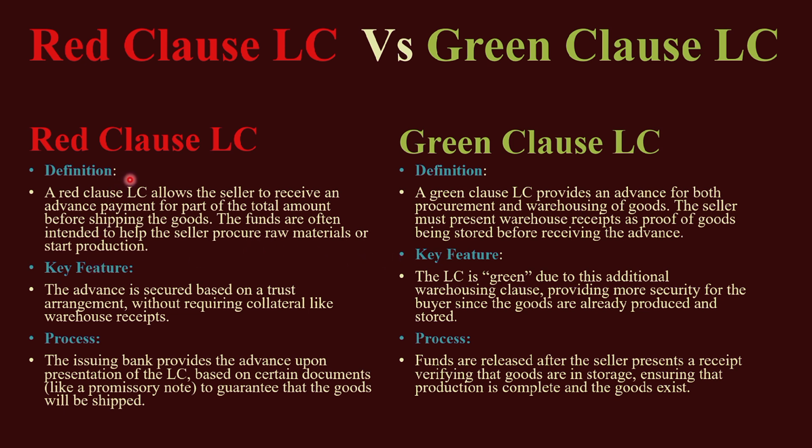Key features of these LCs: in the red clause LC, the advance is secured based on a trust arrangement without requiring collateral like a warehouse receipt. While in the case of green clause LC, the LC is green due to this additional warehousing clause, providing more security for the buyer since the goods are already produced and stored.